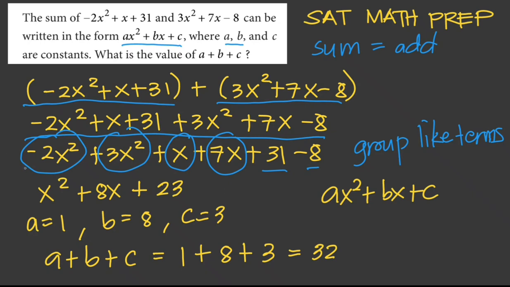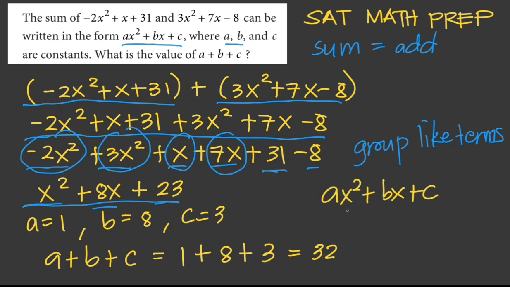So we add up negative 2x squared and 3x squared. Negative 2x squared plus 3x squared would be equal to positive x squared. And then x plus 7x is just 8x, and 31 minus 8 is just 23. So we get this equation.